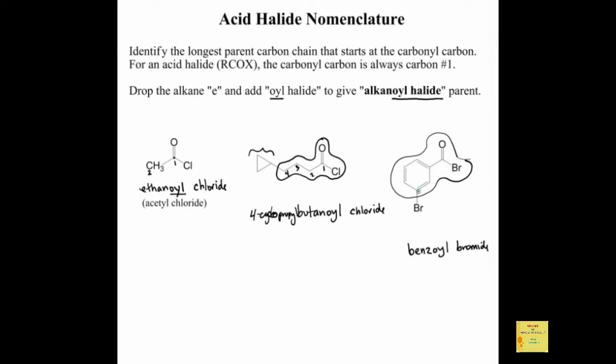We have another bromo substituent. It's in the meta relationship, so we could just call this 3-bromobenzoyl bromide, or we could call this meta-bromobenzoyl bromide. Those would both be good names for this compound. So benzoyl bromide means I have something that looks like benzoic acid, a benzene with a carboxylic acid, but it's a bromine there instead of an OH.